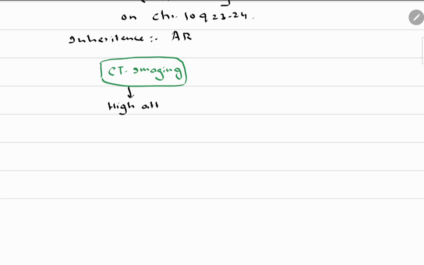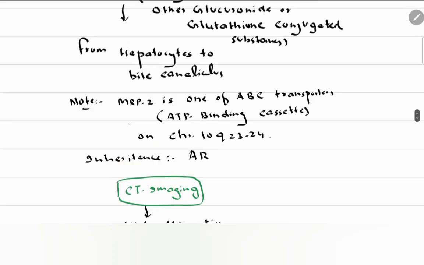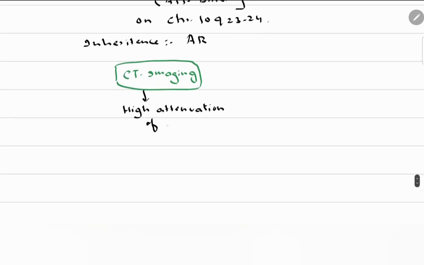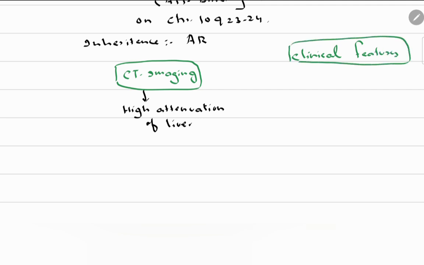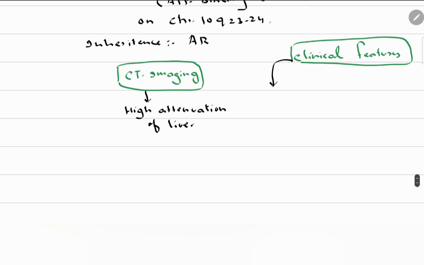Now, what are the clinical features in Dubin-Johnson syndrome? Those patients are mostly asymptomatic, or you may find mild icterus. And that icterus may be noted only during intercurrent illnesses, pregnancy, or with the use of OCPs, oral contraceptive pills.